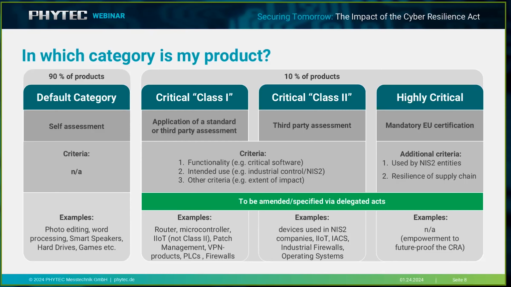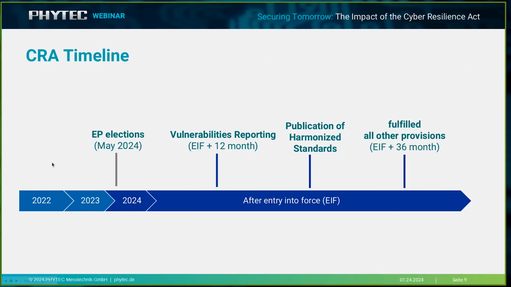So now a little timeline for the Cyber Resilience Act. The proposal started at the end of 2022. And at the moment we are in the legal revision stage for this regulation. They want to try to adopt it before the next parliament elections.